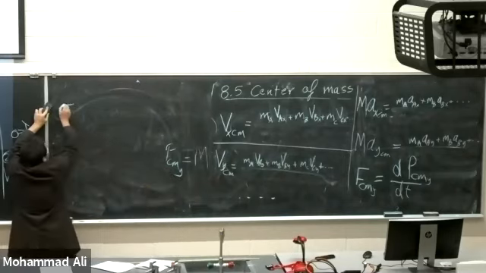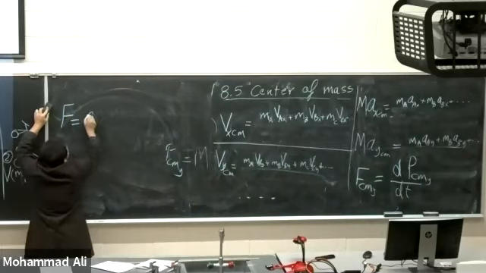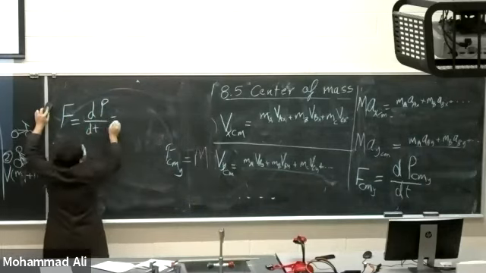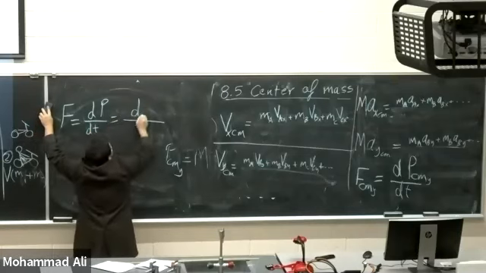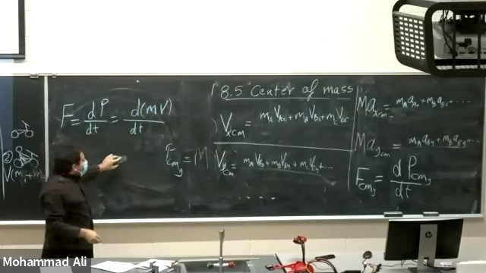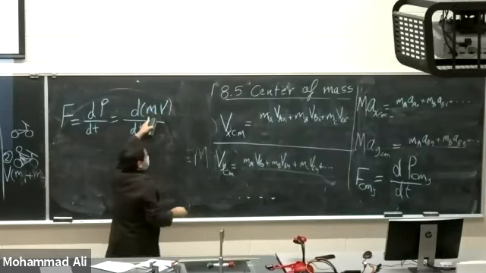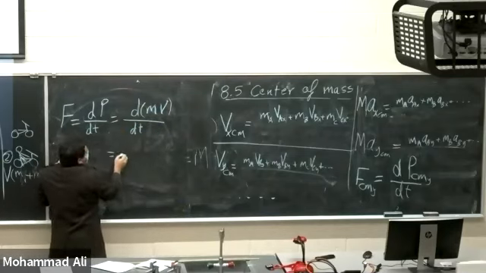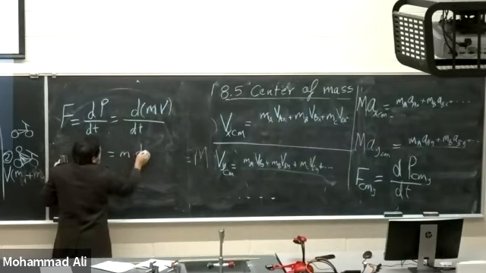This is just the last idea about the rocket example. We know that the force is equal to the time derivative of the momentum, which is equal to d(mv)/dt, right? Always we take m as a constant and take m outside the differentiation, right?